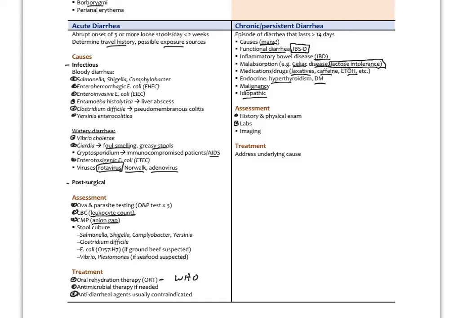Are you getting low in particular potassium? It is lost in the diarrhea, and people can get severe hypokalemia as a result of that. And then any relevant imaging that's necessary. The treatment really is to address the underlying cause, whatever one of these is going on. So that's the approach to diarrhea, both acute and chronic.